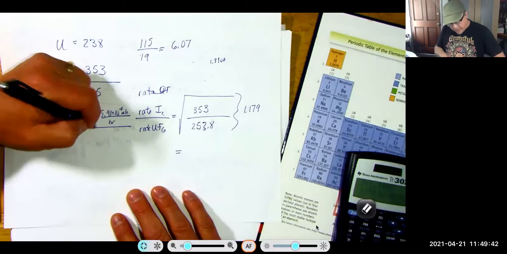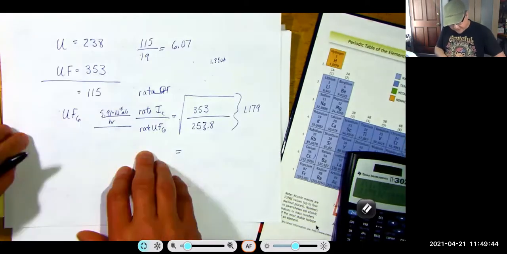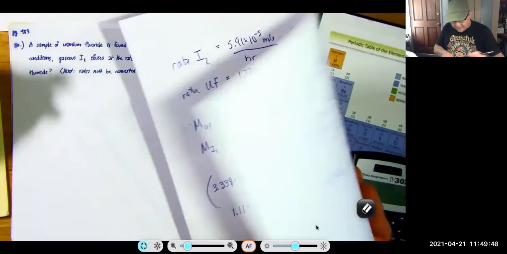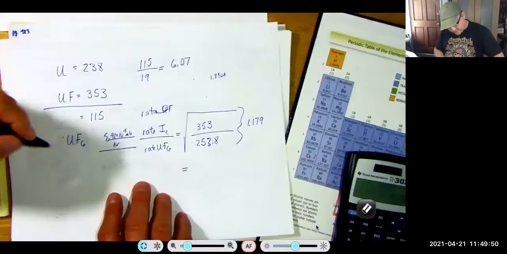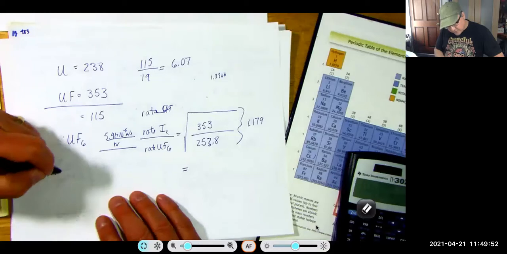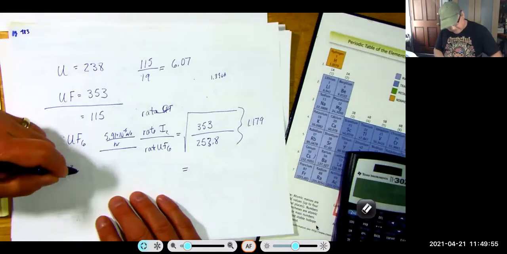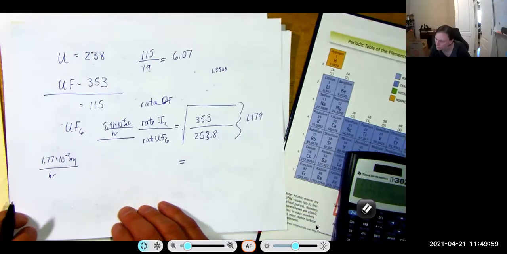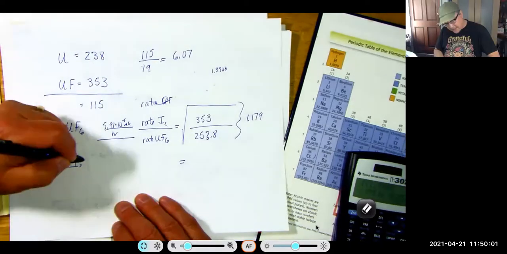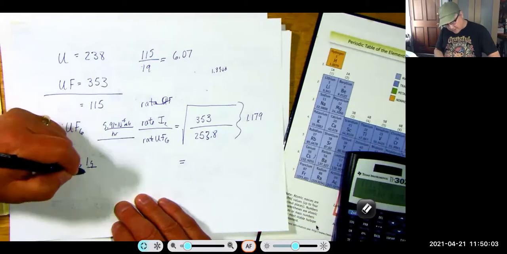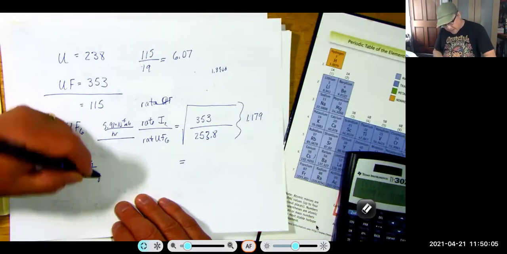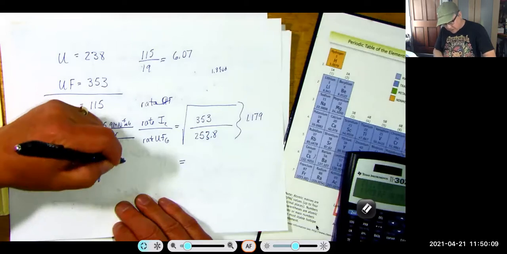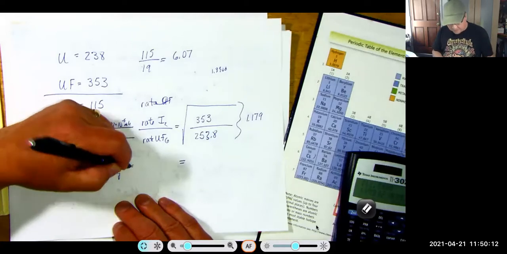And we know that the rate of the UF was 1.77 times 10 to the minus 2 milligrams per hour, right? And we're going to multiply by 1 gram over 1,000 milligrams, and multiply by 353 moles per 1 gram. So we get the rate in moles per hour.